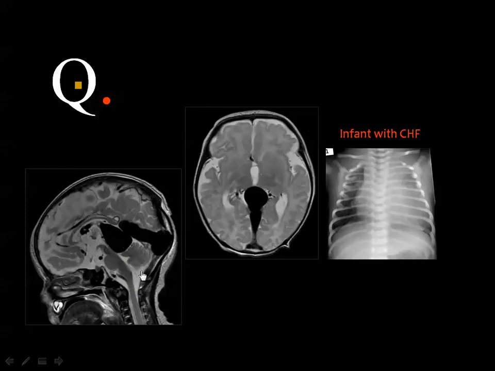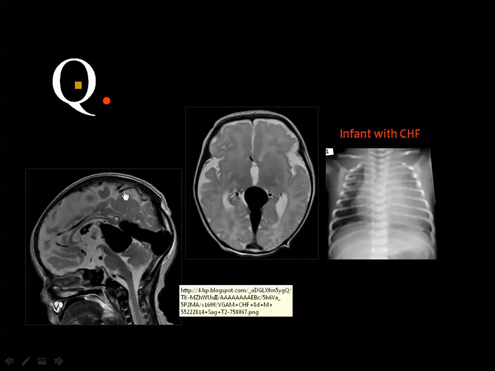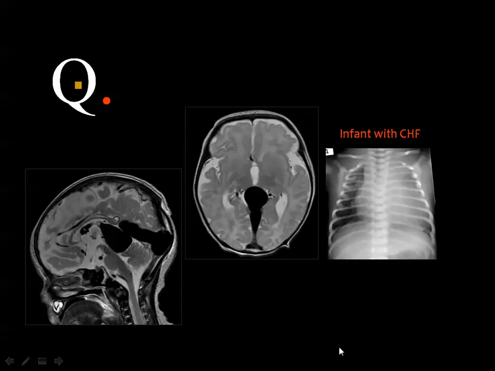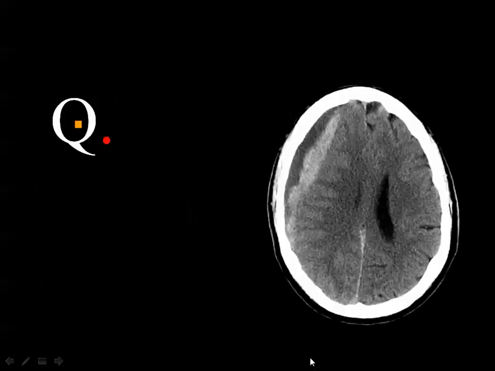This vein drains through the straight sinus to the confluence of the sinuses, then to the superior sagittal sinus. Because of the high flow, you get a signal void appearance, as you can see here. This may be diagnosed as vein of Galen malformation, but you know that this is not the vein of Galen itself.